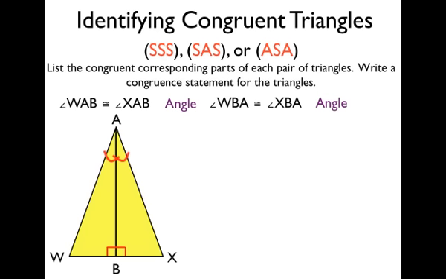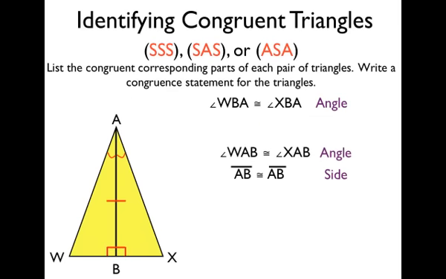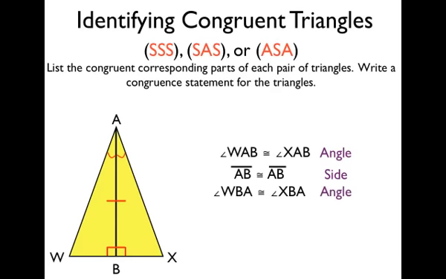That would be side AB. They share side AB. So what do we know about AB compared to AB? It's equal to itself. So AB is equal to AB. That gives me my side. So I have angle, side, angle. So triangle WAB is congruent to triangle XAB by angle, side, angle.